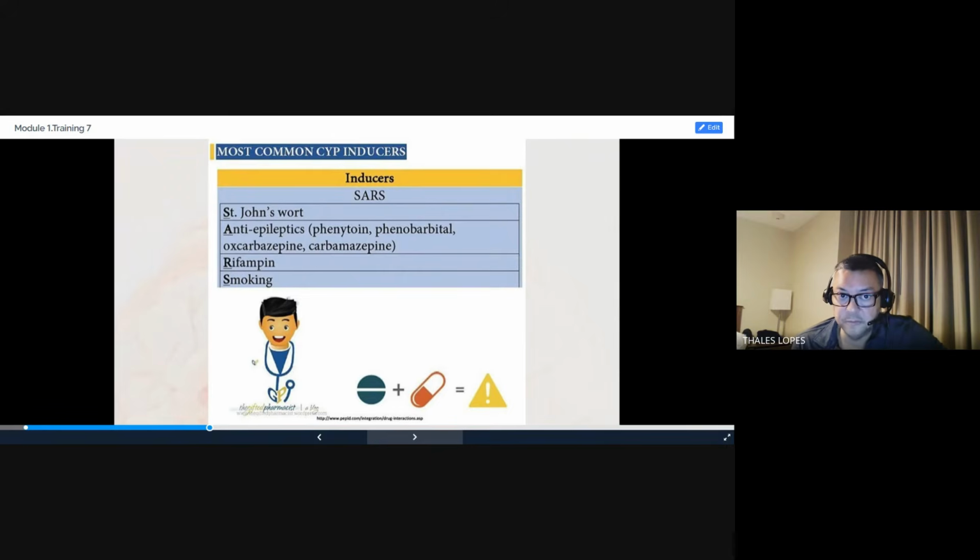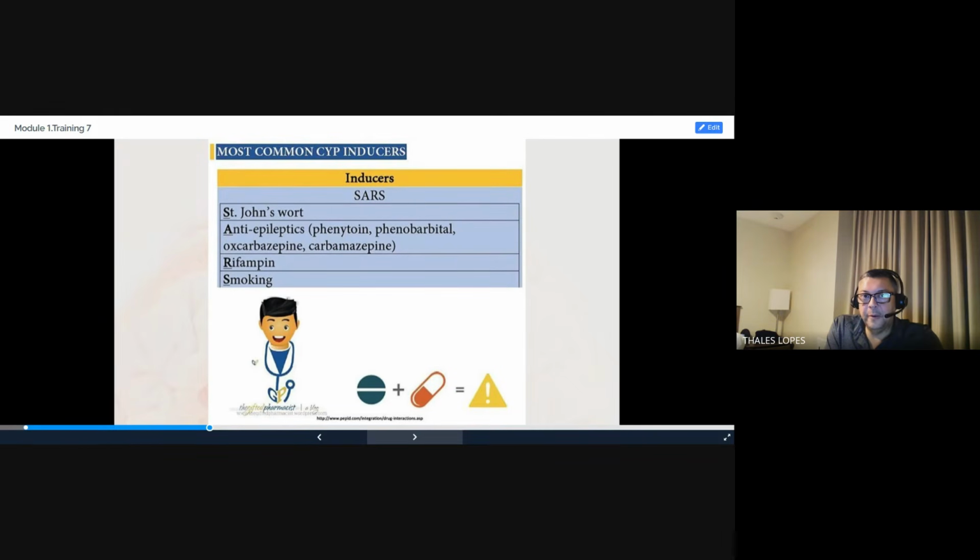Now, there are more mnemonics to remember, but a few that you need to know are that St. John's Wort is an inducer, epileptic medications like phenytoin, and carbamazepine are inducers, super high yield. Well, for clinical, carbamazepine almost decreases any other medication's potency, right?